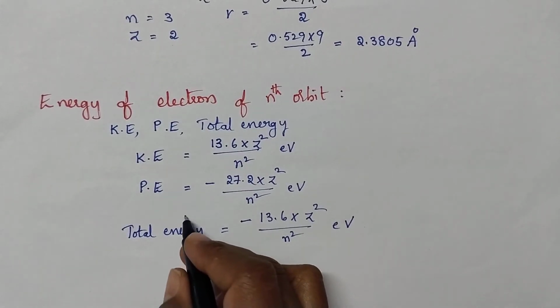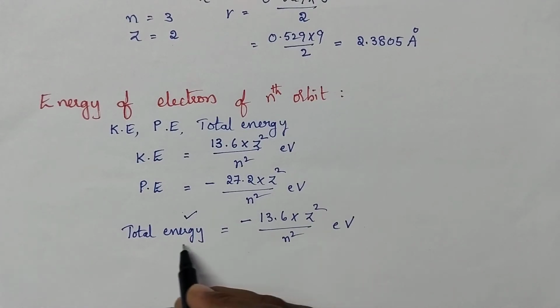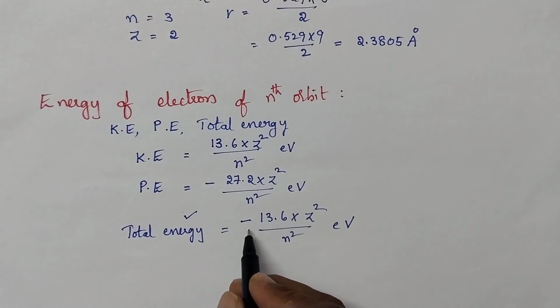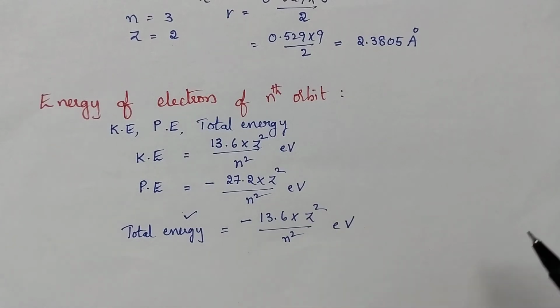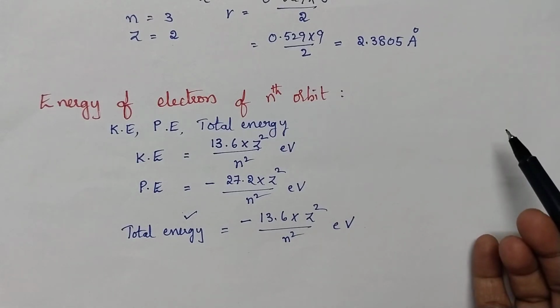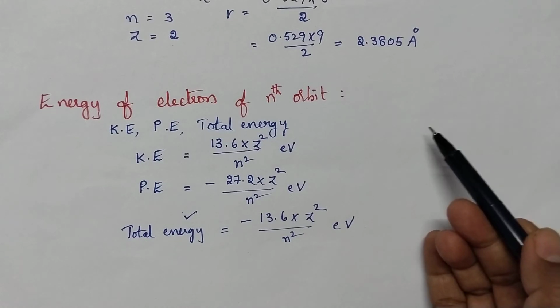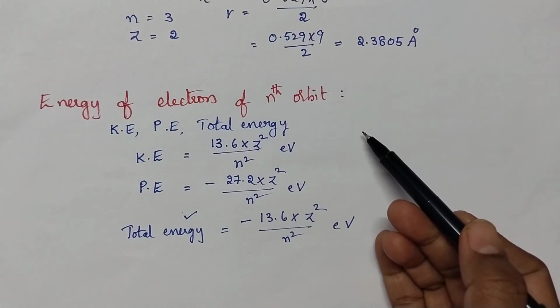Why is the energy given with the negative sign? Remember that here the electrons are migrating from the infinite orbit to the inner orbits, that means fourth, third, second or first orbit.